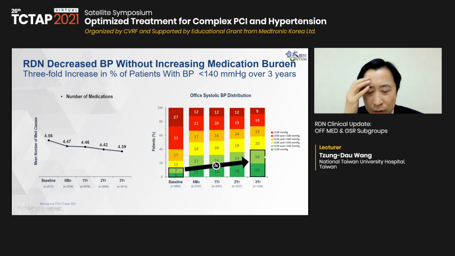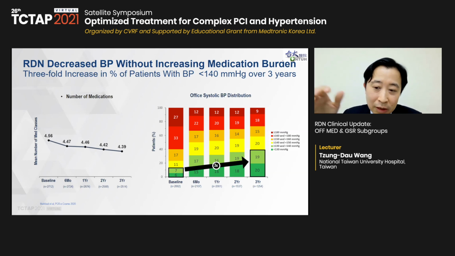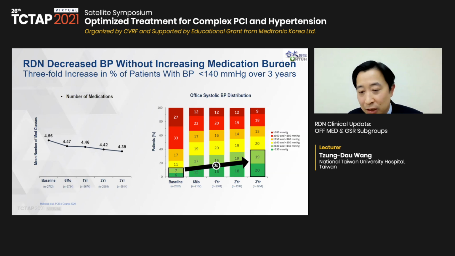And you may wonder why the medication reduction is a little bit smaller, only 0.2 tablets being reduced. That I think I can simply explain is because the baseline blood pressure is quite high, like maybe 150 or 160. So if you can reduce the blood pressure by maybe 25 and the systolic blood pressure achieved is around 135, in that situation, you may not reduce the antihypertensive drug.